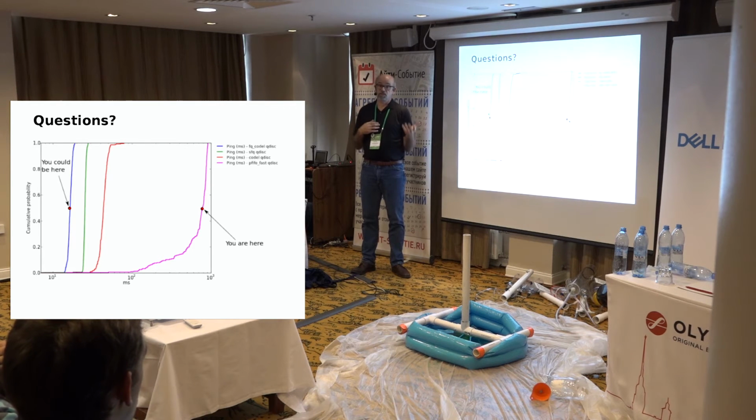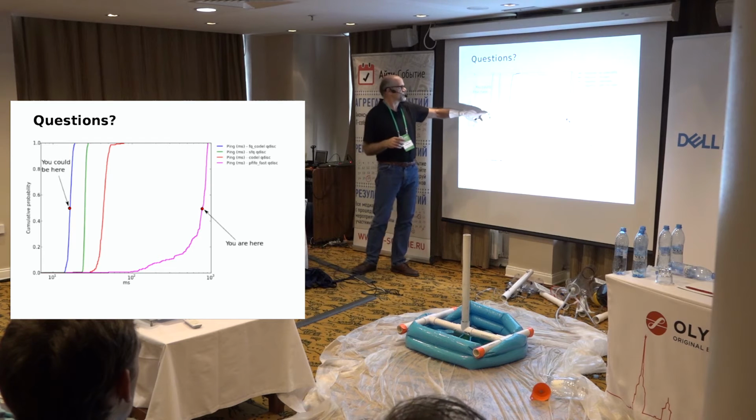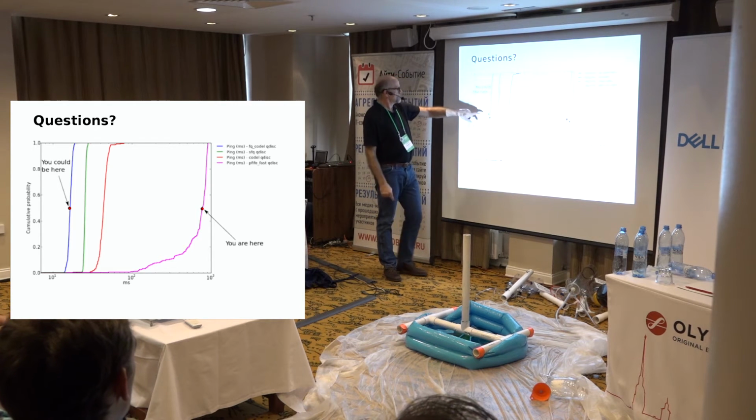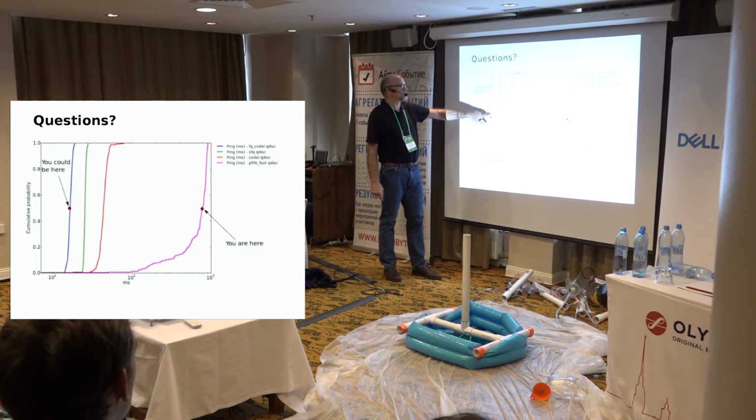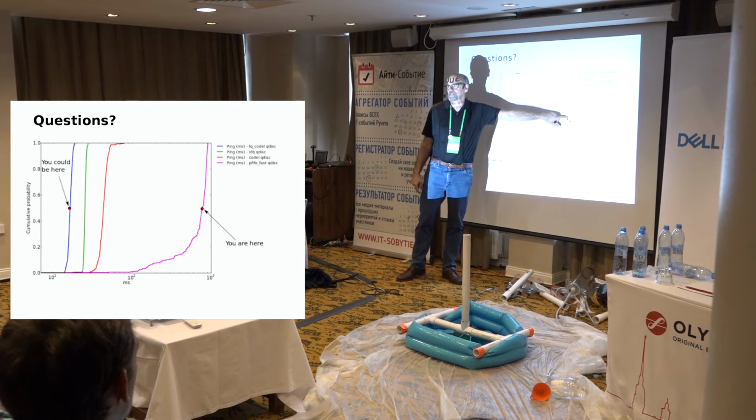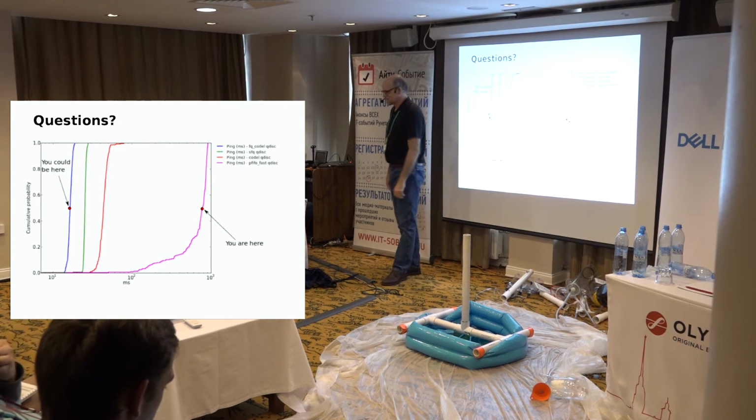It's used in home routers. It's used by the DOCSIS 3.0 standard. And the reason that it's good is it gives you the same effect, but it was simpler to implement in hardware. So the real point of this is you could be over here, milliseconds of latency, but you're probably stuck over here on your network.